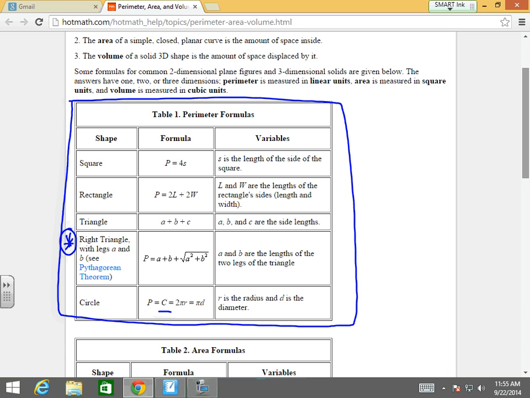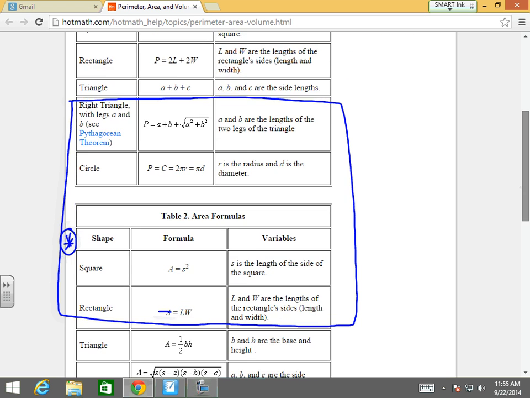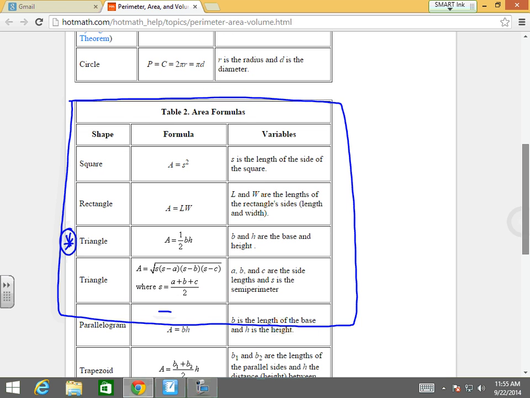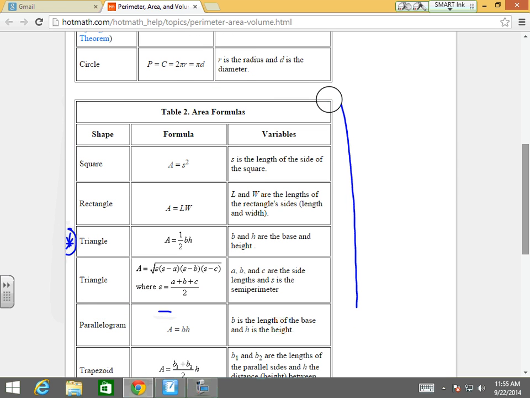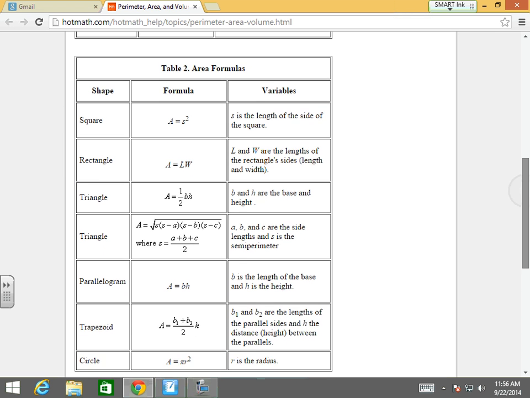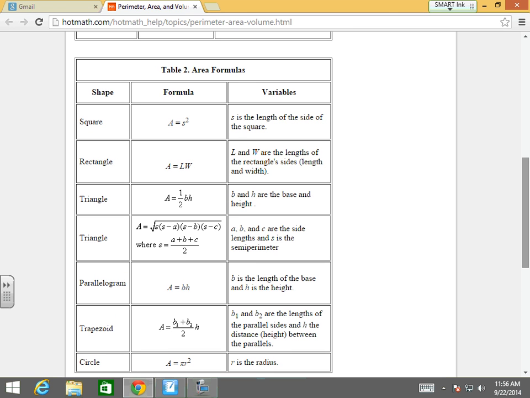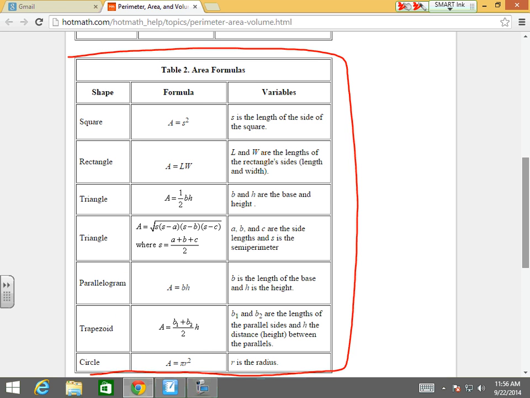Now that you're done with your perimeter formulas, let's go to my area formulas. And my area formulas are all right here as well. Please hit pause, write these down, and memorize them. Okay?